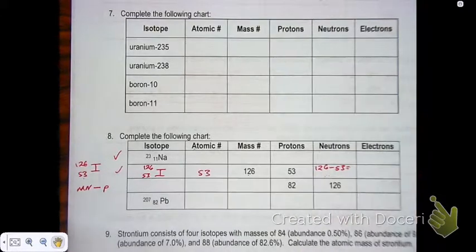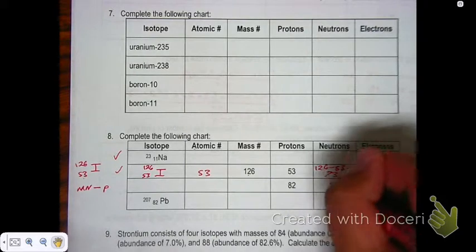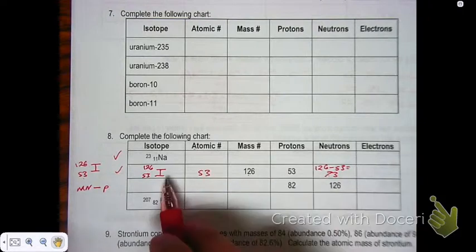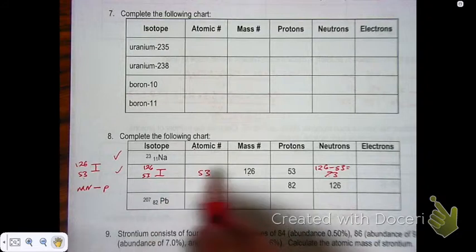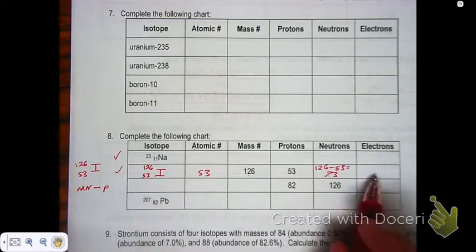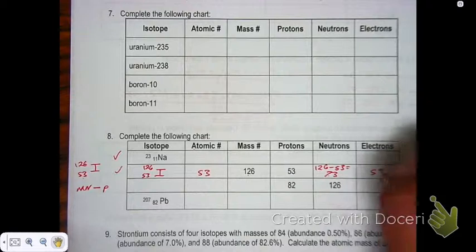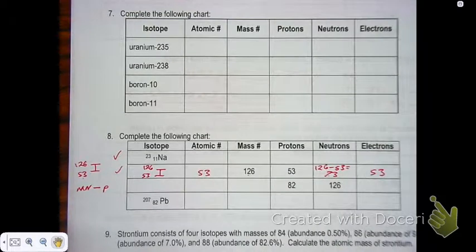When we do this on a calculator, we get 73, so our number of neutrons is 73. The last category is the electrons. Remember, these are neutral atoms, so the number of protons has to balance off with the number of electrons. We have 53 positive protons, so for this atom to be neutral, we have to have 53 negative electrons. And that's how you fill in this chart.